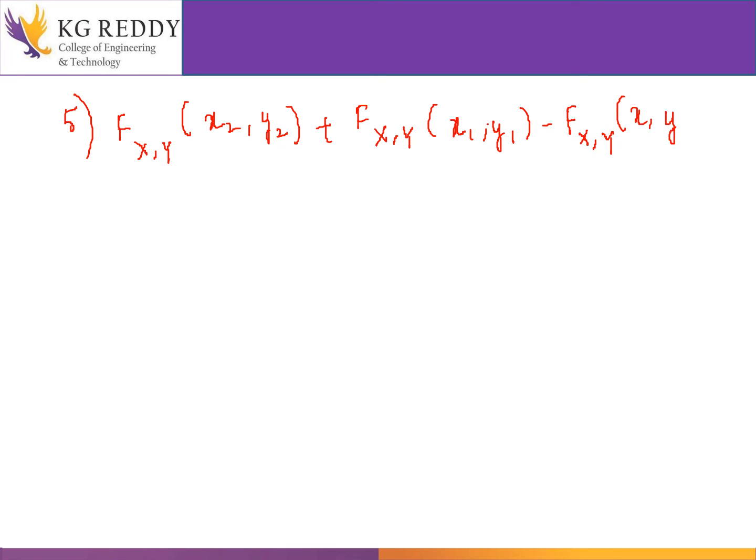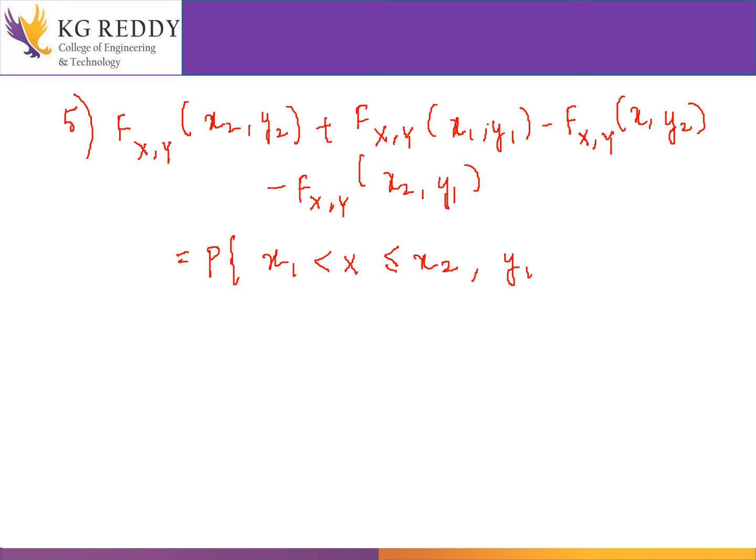Here also we can define the probability value: F_X,Y(x2, y2) plus F_X,Y(x1, y1) minus F_X,Y(x1, y2) minus F_X,Y(x2, y1) will be equal to the probability of x1 less than X less than or equal to x2 and y1 less than Y less than or equal to y2.